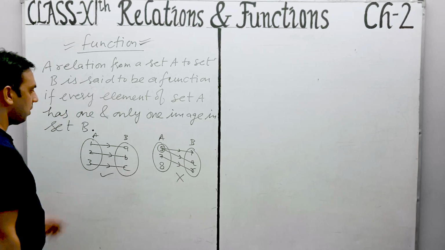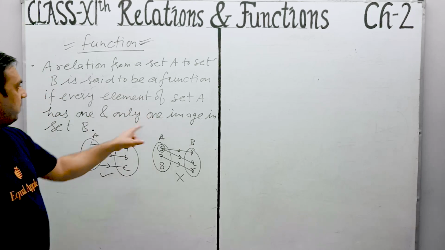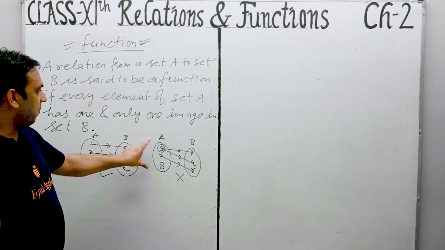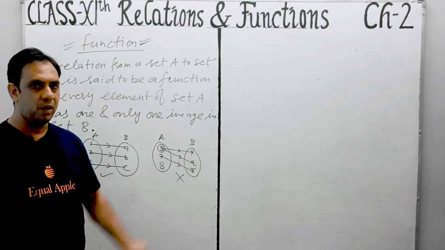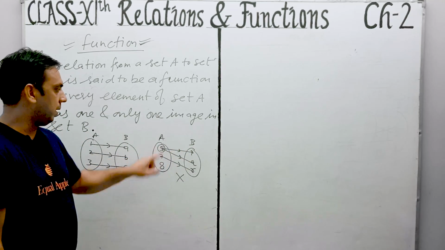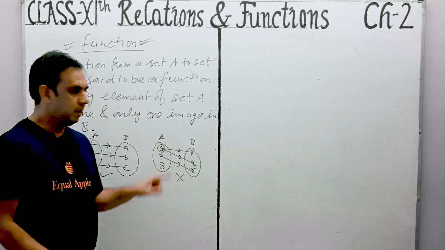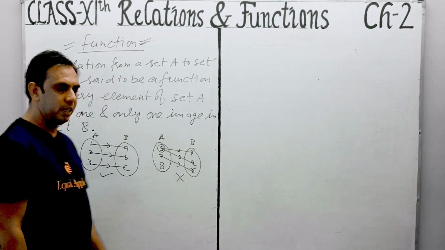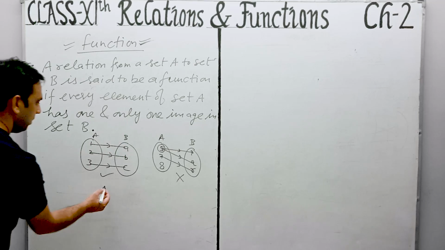By the definition, every element of set A should have only one image in set B. But in this we can see the element 5 has two images. That's why it is not a function.